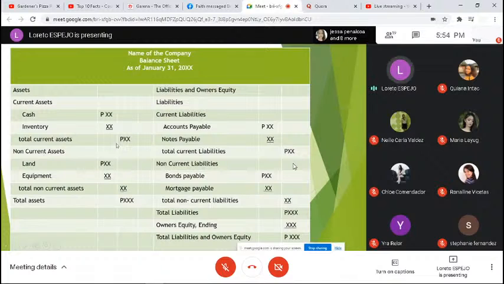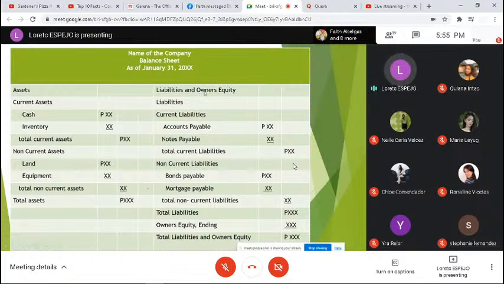Kung hindi mo naman siya pinagpapantay, then you can use parenthesis para indicate kung magsasubtract ka. Kung bawas lang, parenthesis ang gagamitin. Okay? So ito total mo lang yung total current plus total non-current, that will be your total assets.